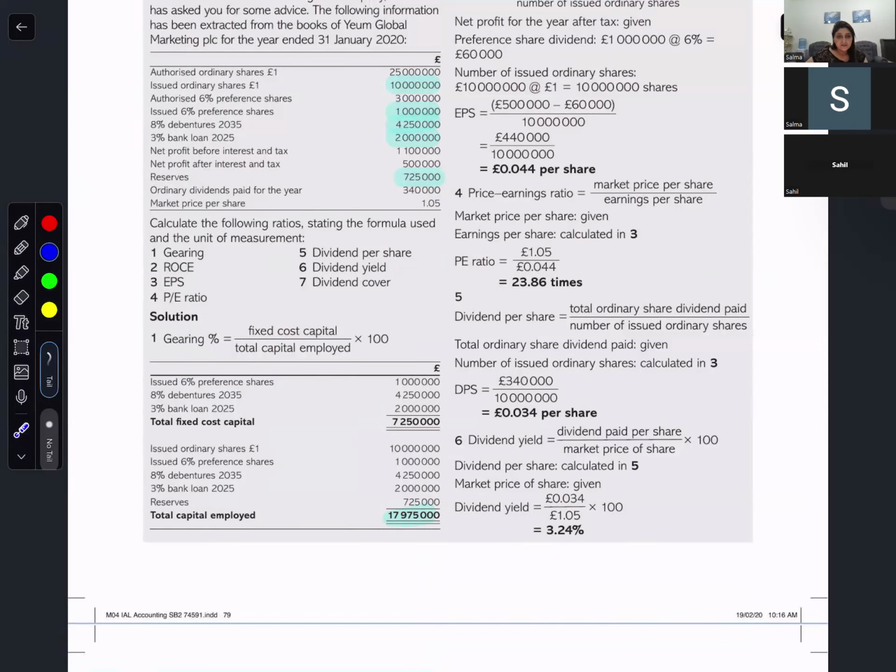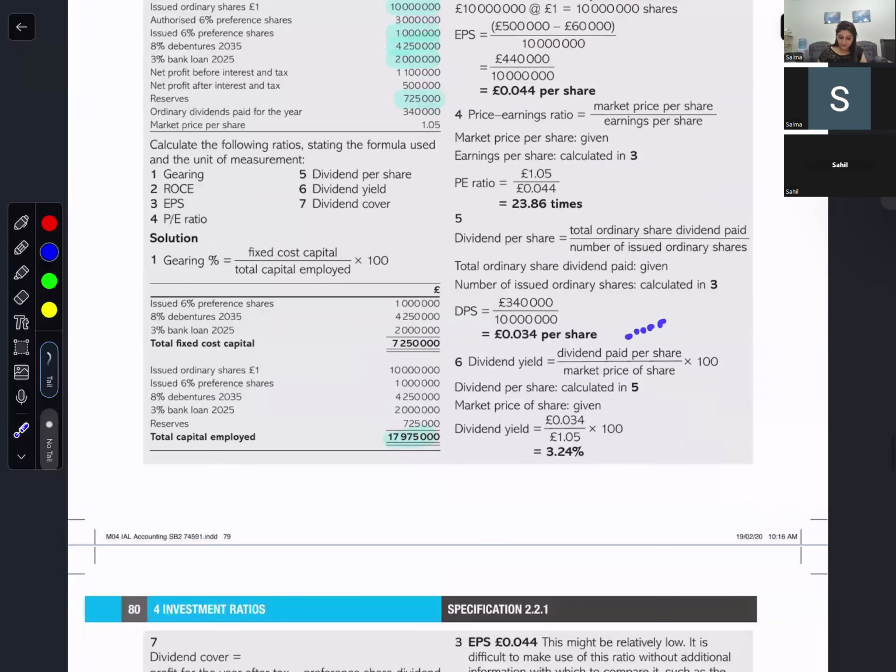Dividend per share is your ordinary shares dividend divided by number of ordinary shares issued. How do you get the dividend paid? As it's mentioned. And ordinary shares issued is over here, 10 million. So your dividend per share is how much?